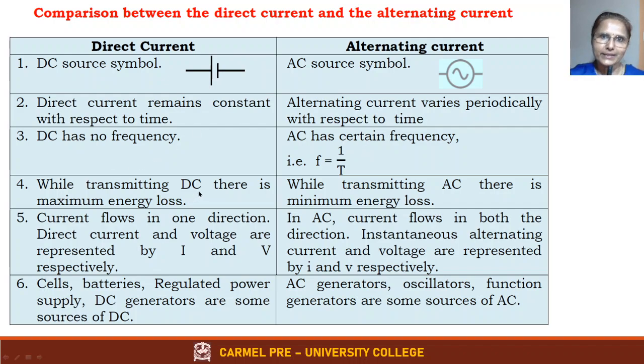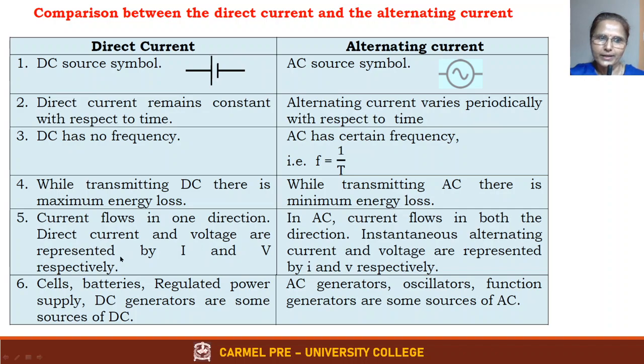While transmitting DC, there is maximum energy loss. That is why while transmitting AC, there is minimum energy loss. That's why we are having AC at home transmitted. DC is not transmitted. Through the transformers we are getting AC, right? Because minimum energy loss will be there while transmitting. That is the reason AC is transmitted.